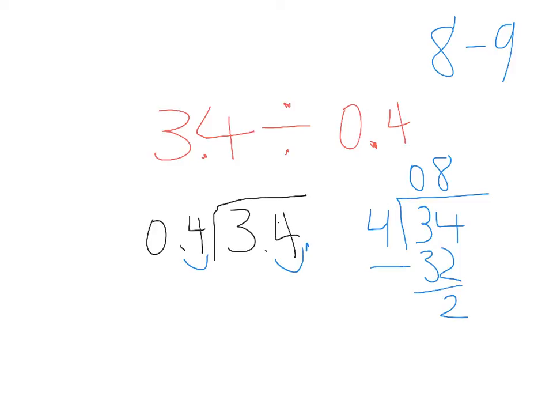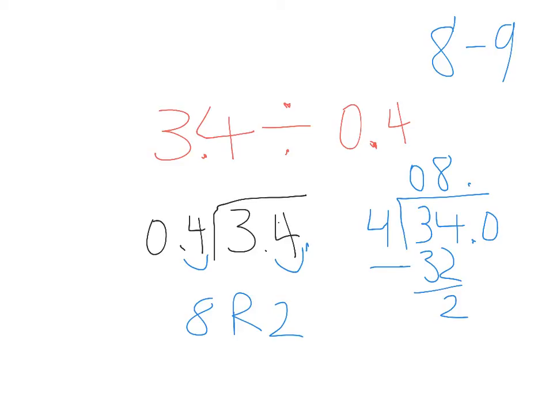So now when we're doing decimal division, we want to keep going. I know that sometimes you might want to write down the problem as 8 with a remainder of 2. But when we're dividing by decimals, we're not going to do that. We're going to actually go ahead and add on an extra 0 here. And then I got to put the decimal point there because I want to keep going.